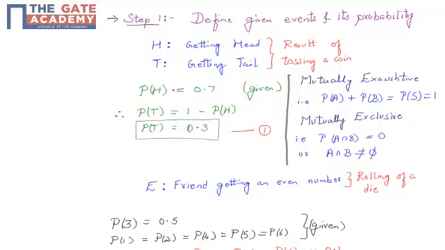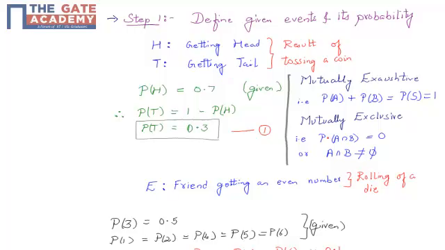Also, we must know that head and tail, these events are mutually exhaustive. That is, probability of A plus probability of B would be equal to probability of my sample space, which is always equal to 1. And also in this case, head and tail are mutually exclusive.